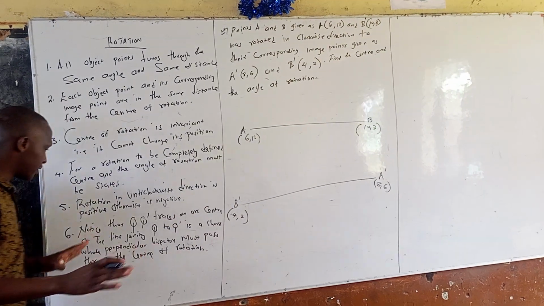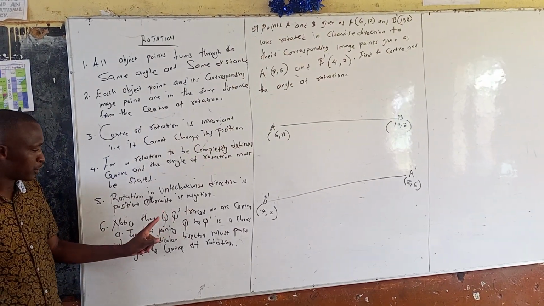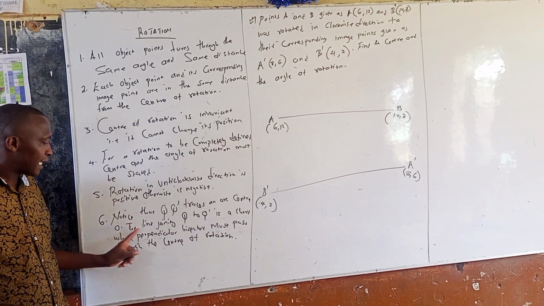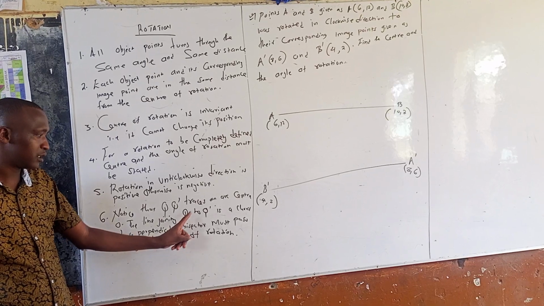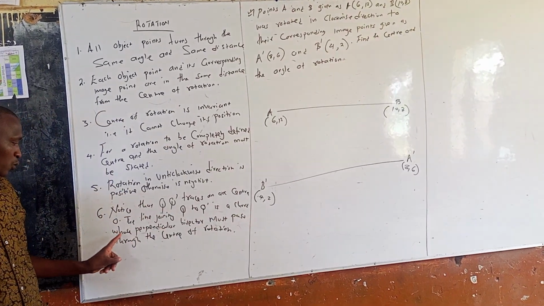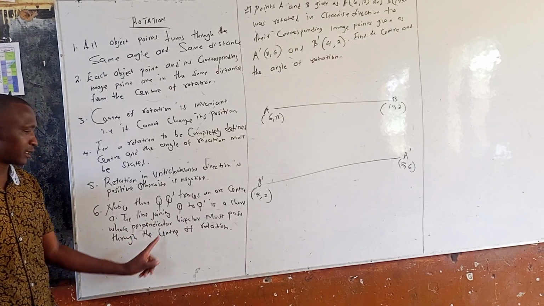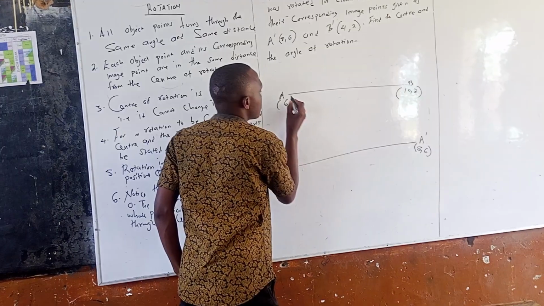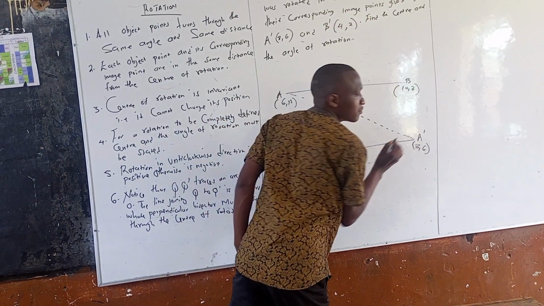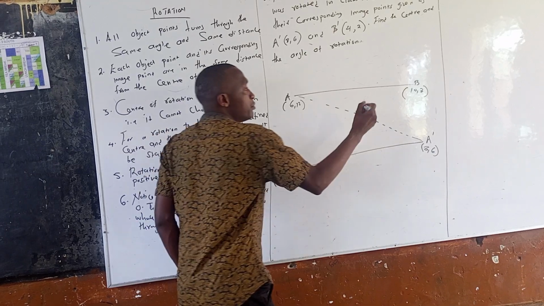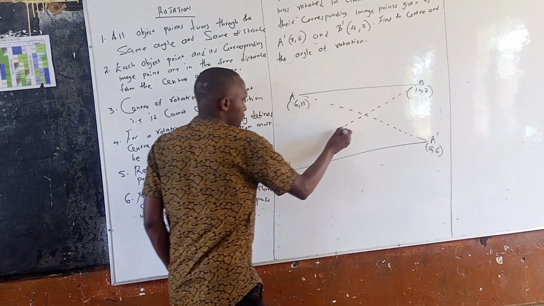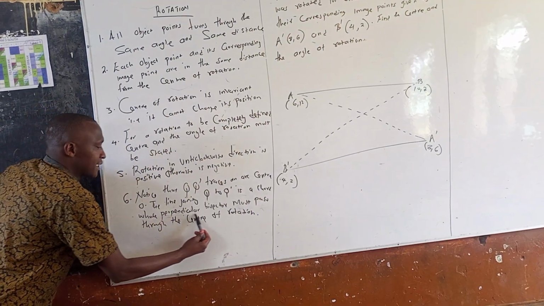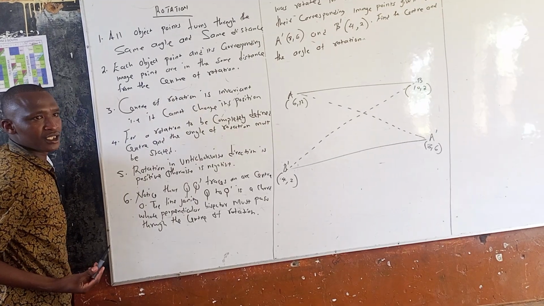Now, using the concept I gave you here, point Q image traces an arc at O. The line joining Q object to Q image is a chord whose perpendicular bisector must pass through the center. So the perpendicular bisector of the line joining A to A image will pass through the center.